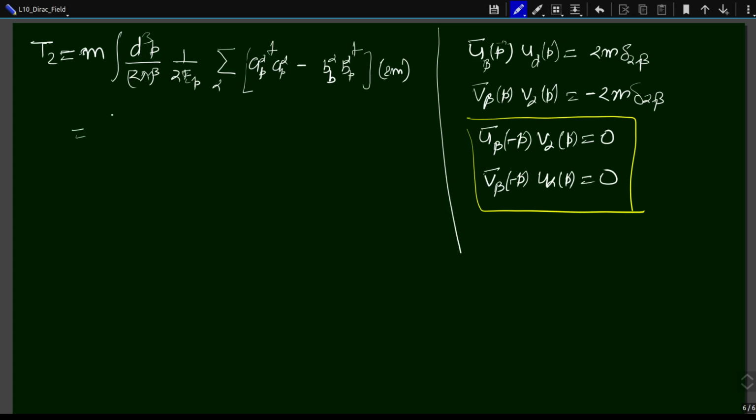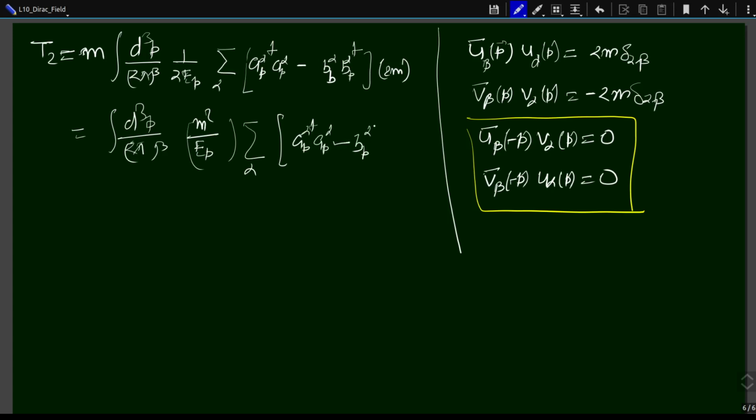So I have d3p by (2 pi)^3, and the 2 cancels out, so I have m square by EP factor, and then the sum over alpha of A P alpha dagger A P alpha minus B P alpha B P alpha dagger. This sits over there as my second term.